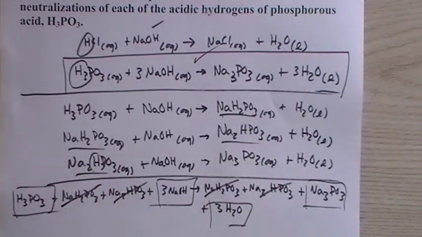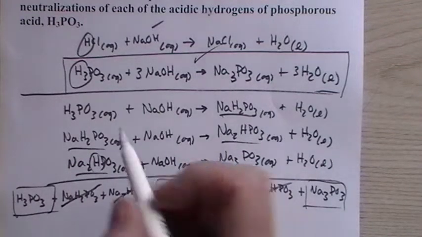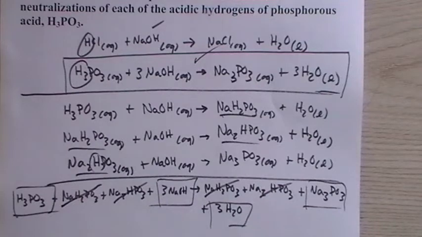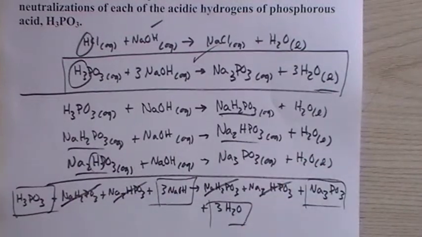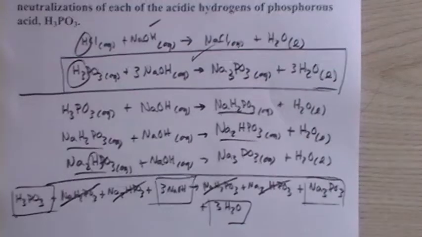Even though they're canceled out as we go, it's nice to be able to see them. So whatever you're given, this is triprotic. You'd be given diprotic like sulfuric acid, which will just be two of these, only 2 reactions. But whatever you're given in the way of a polyprotic acid, you should be able to break it up into the steps.